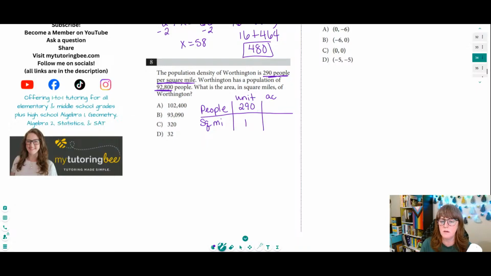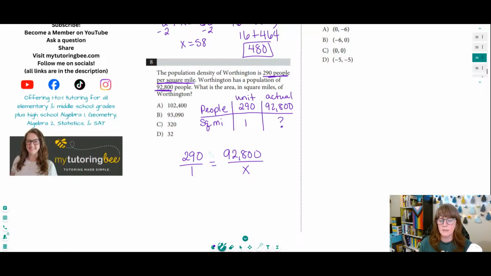And then they're telling us the actual numbers. So Worthington has a population of 92,800. What is the square mileage, right? So again, we've got that proportion and we've got our numbers set up so that we don't make any mistakes about where to put the numbers in our equation.